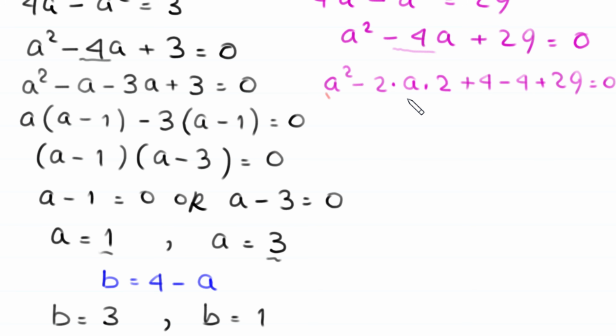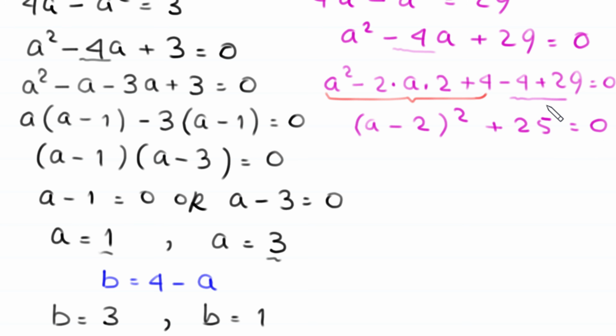This a squared minus 2 times a times 2 plus 4 will become a minus 2 whole squared, and this negative 4 plus 29 will become plus 25 equal to 0.